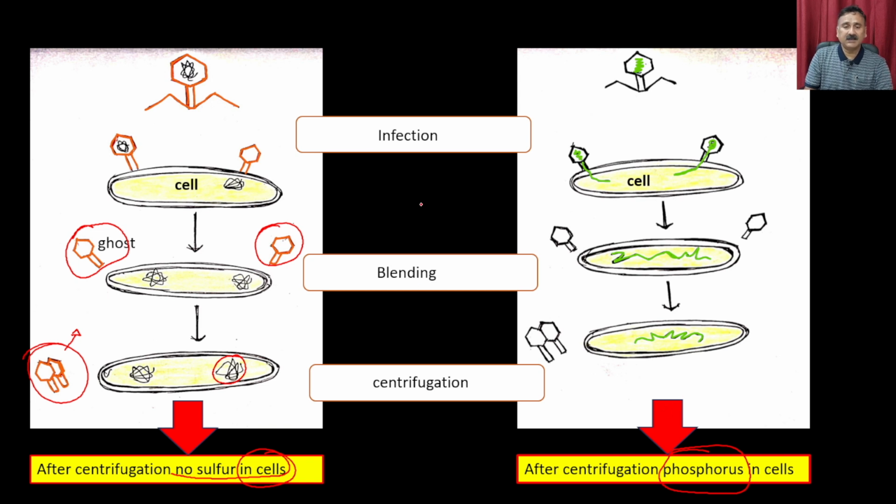So by doing this experiment, with infection followed by blending and centrifugation, they found that the protein is extracellular, whereas the DNA was associated with the bacterial cells. From this experiment, Hershey and Chase concluded that DNA is the genetic material.